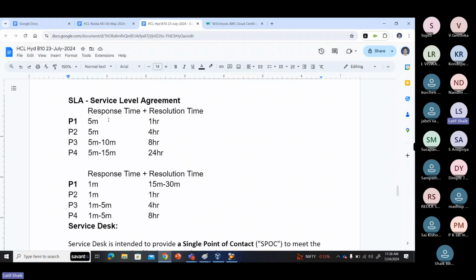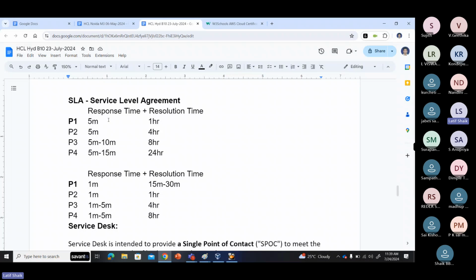Another one for P1 is 15 minutes to 30 minutes. It means when any issue occurs, it is immediate. You don't get any relaxation time. You have to run immediately and try to fix it. So depending upon the organization and the service, the response and resolution times will be defined.